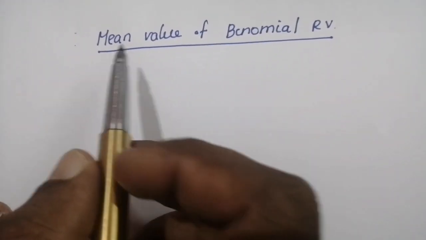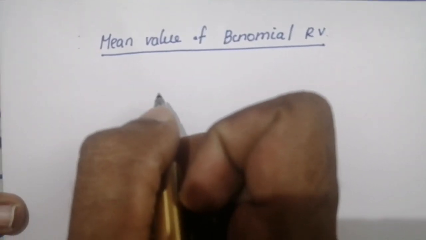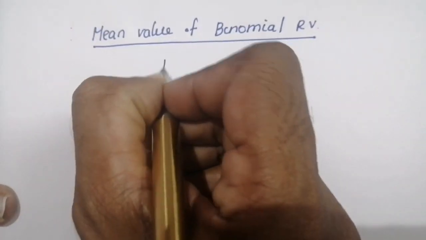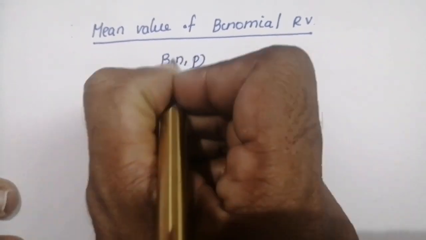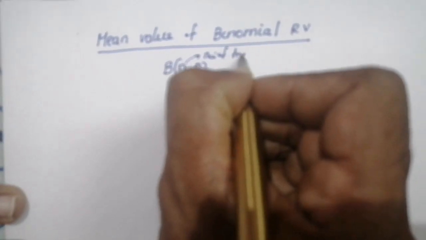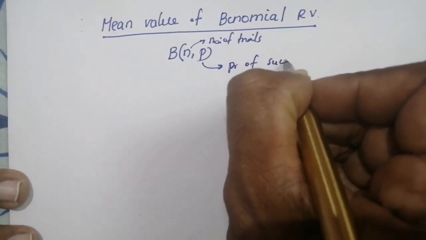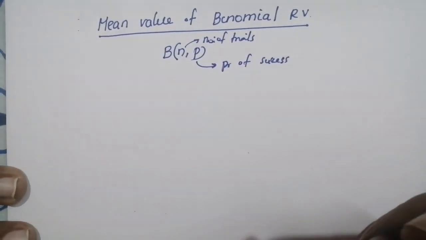Now we will derive the mean value for a binomial random variable. Usually, a binomial random variable is represented as B(n, p), where n is the number of trials and p is the probability of success.